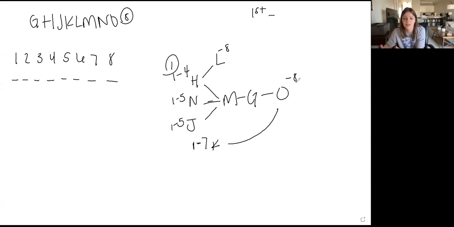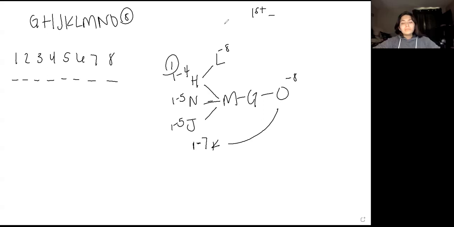So now that we figured that out, what's the other part of the range? If we know that that's the latest it can go, let's figure out what the earliest it can go is. So we're flipping it. We're thinking, how many have to come before it? We're going to start at our L. How many are attached to L? How many have to come before L? Is it only H or is it H, N, and J too?